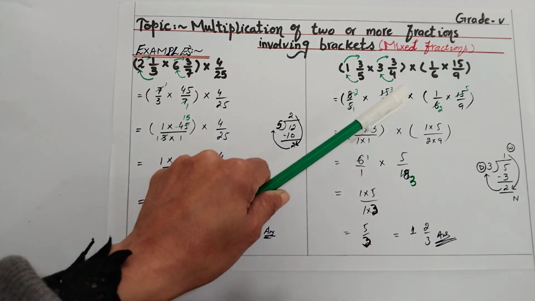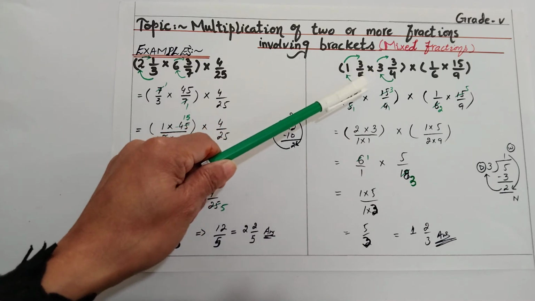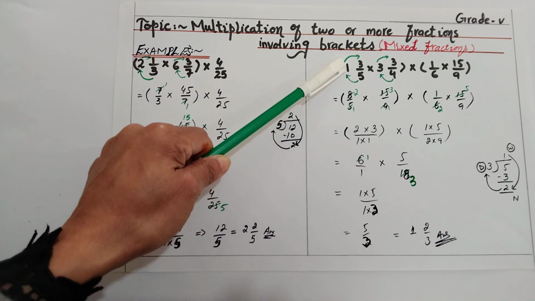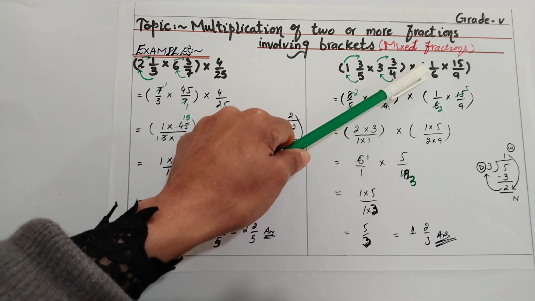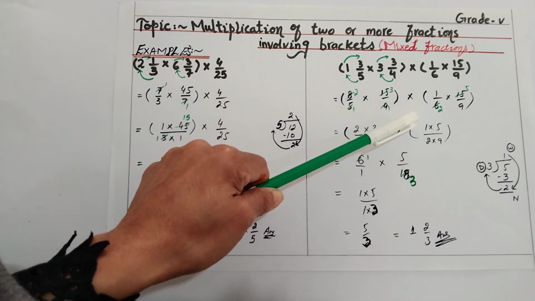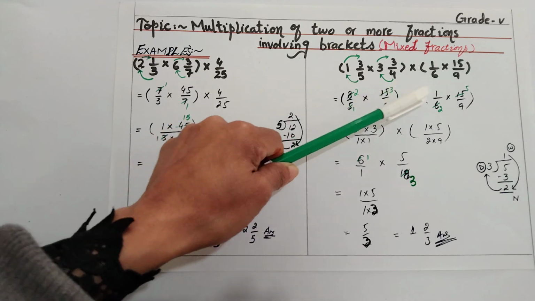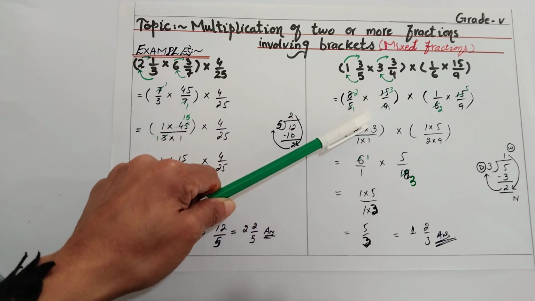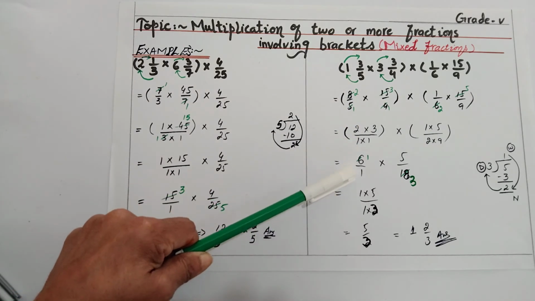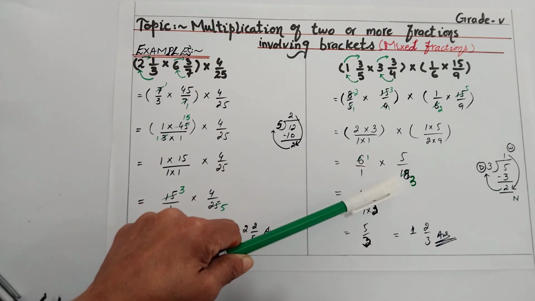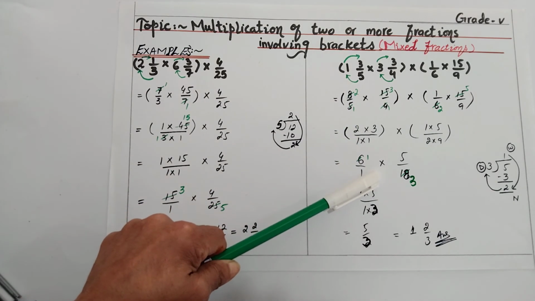We will solve the first group along with the brackets, and we will solve the second group along with the brackets, and after the simplification of both brackets we will remove the brackets after the cancellation, and at the end again we will check whether there is any possibility of cancellation or not.